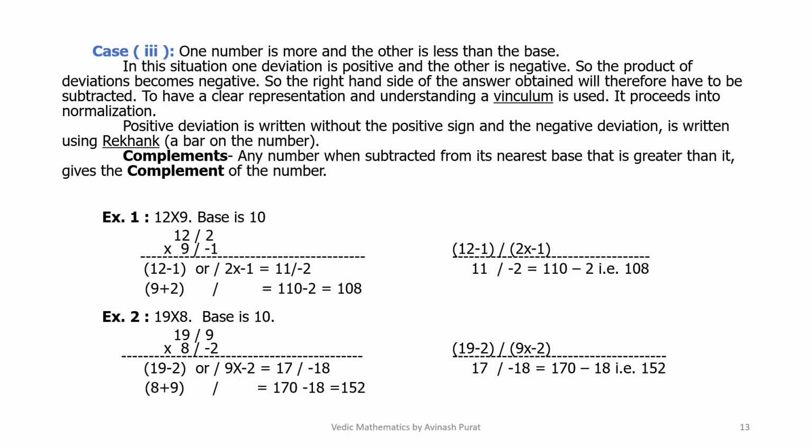So first example is 12 multiplied by 9, base is 10. So 12 stroke 2 multiplied by 9 stroke minus 1, 12 minus 1, or 9 plus 2 stroke 2 into minus 1, that is 11 stroke minus 2, that gives us 110 minus 2 equals 108.